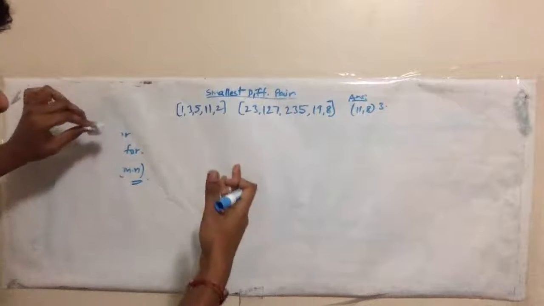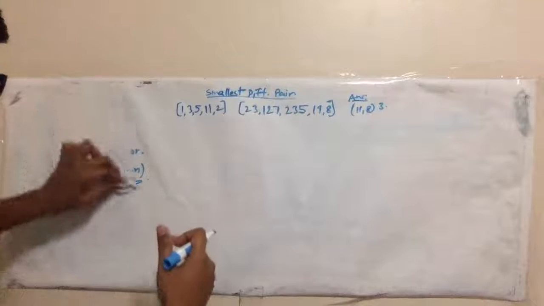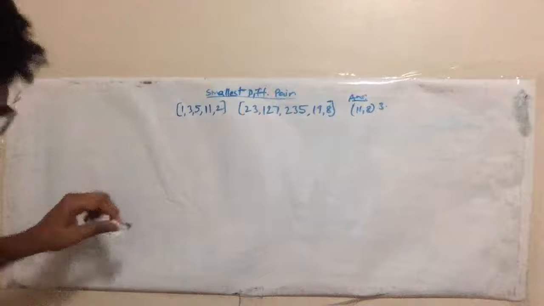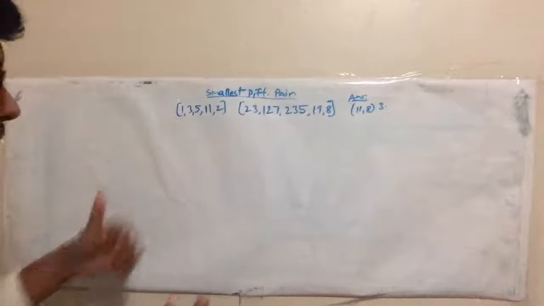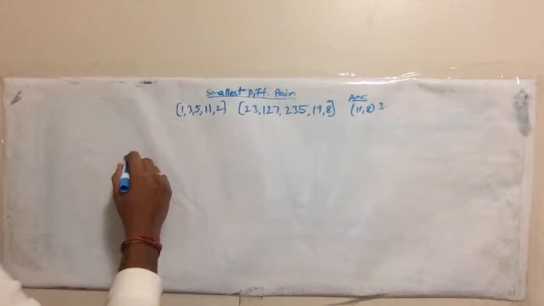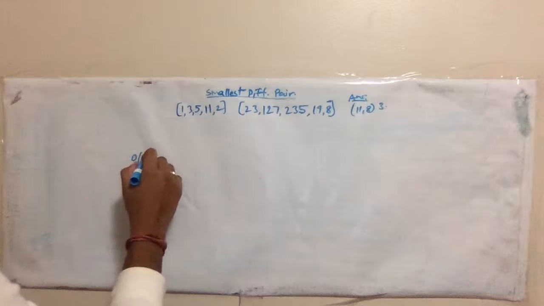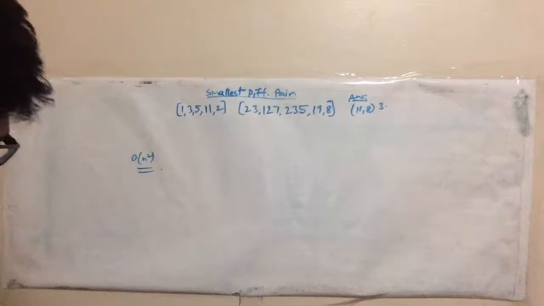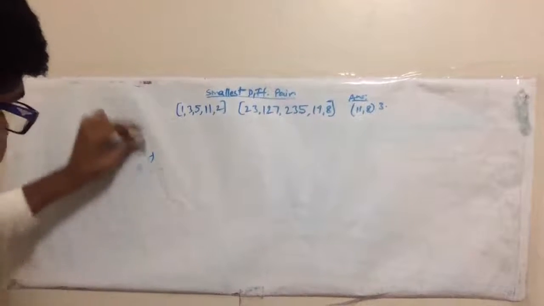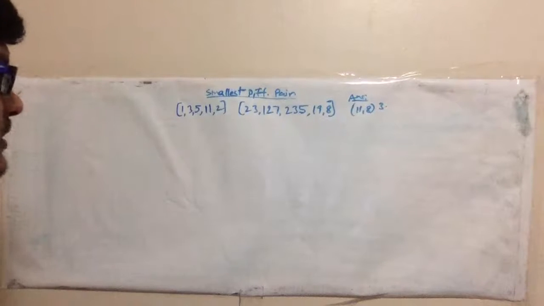If the two lists are different, it is big O of mn. If the lists are of the same length, it is big O of n square, where n is the length of the input array.